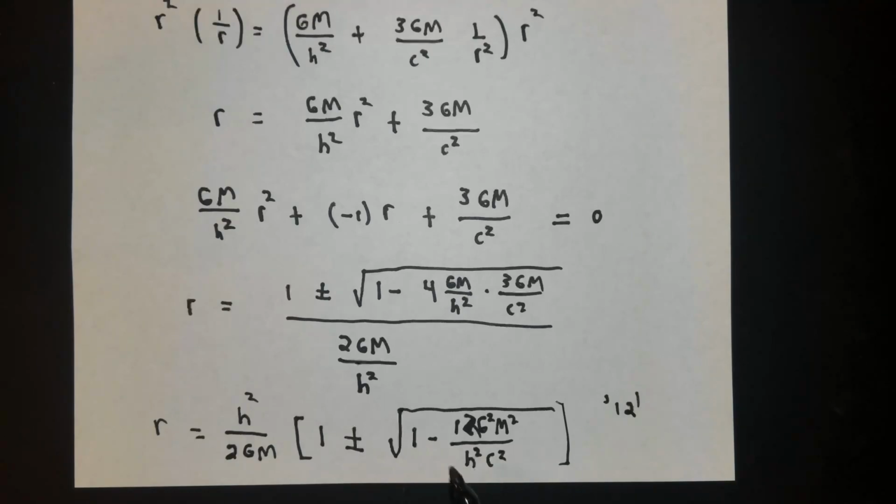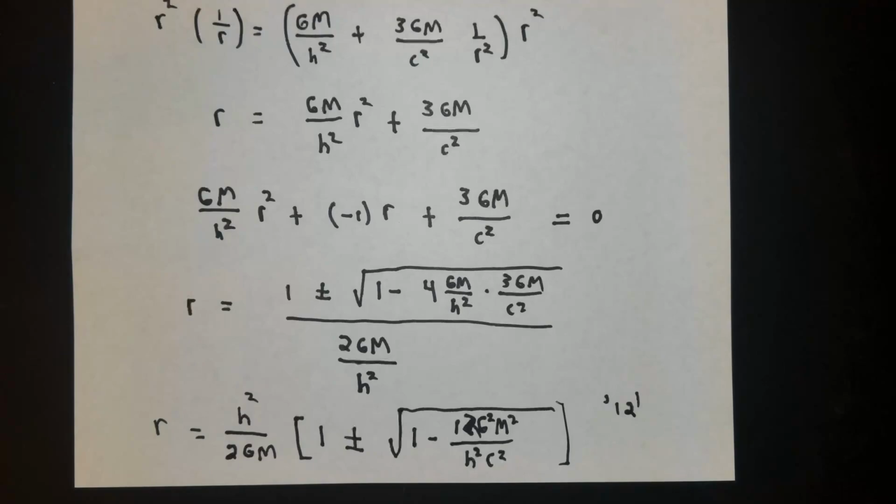If the term 12 G squared M squared over h squared c squared is larger than 1, we will be trying to calculate the square root of a negative number, and we won't get an orbit. That's a very interesting fact here. Under certain circumstances, the physical significance of which we'll look at later, you can't have a circular orbit.